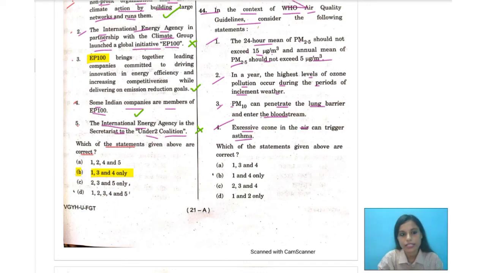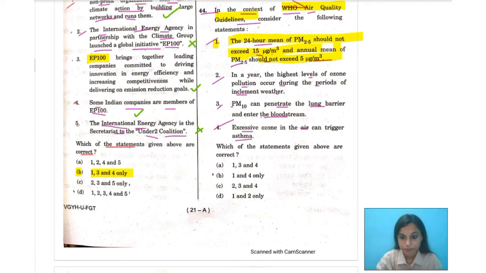Regarding the WHO air quality guidelines, we would consider number 1 to be the correct statement, that is, the 24-hour mean of PM 2.5 should not exceed 15, and the annual mean of PM 2.5 should not exceed 5.